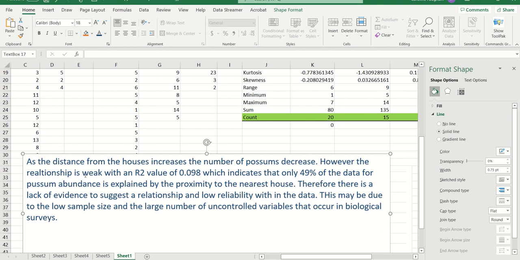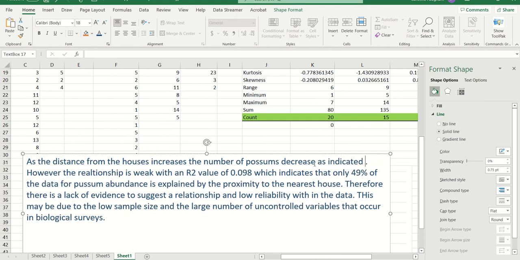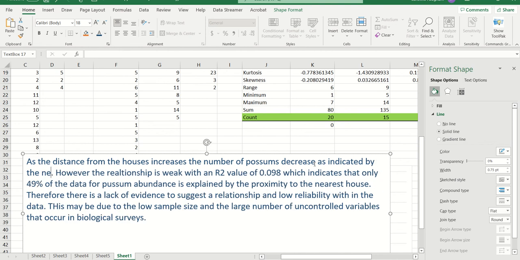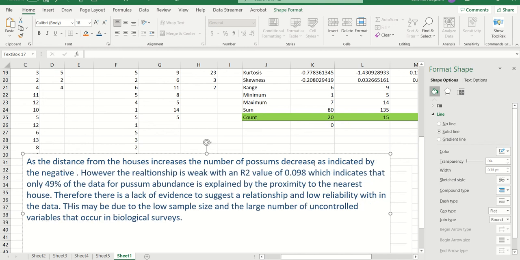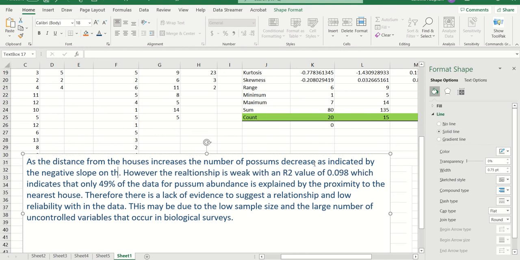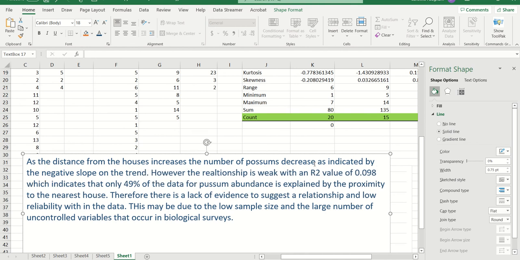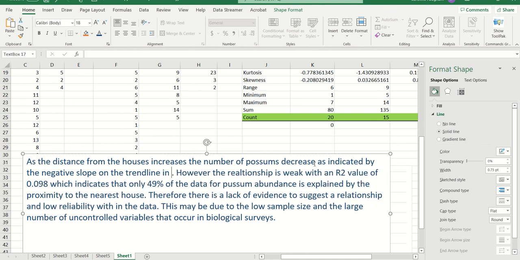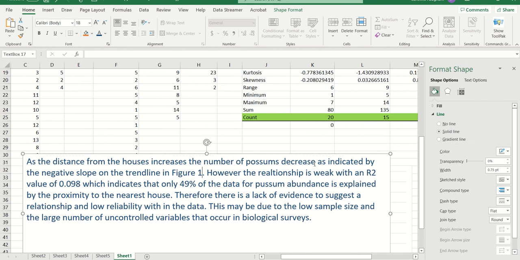However, the relationship is weak. Actually, I could even say, as indicated by the negative slope on the trend line in figure, let's call it figure 1, okay?